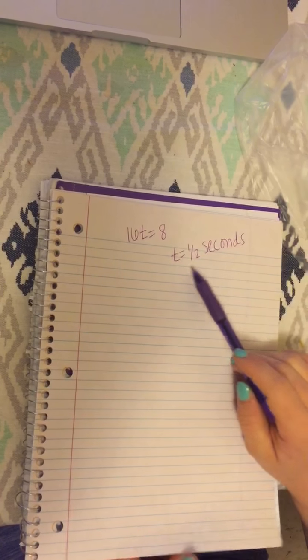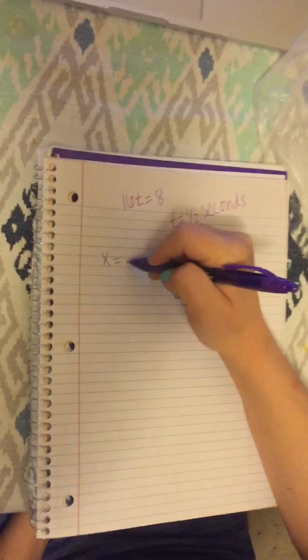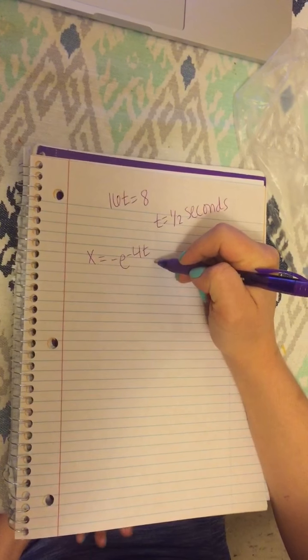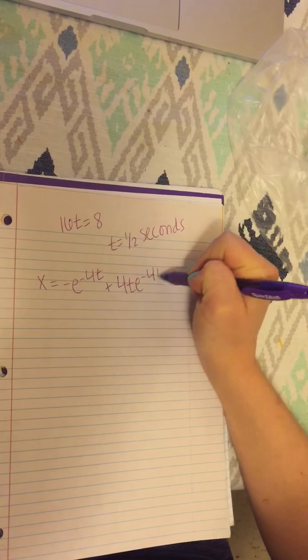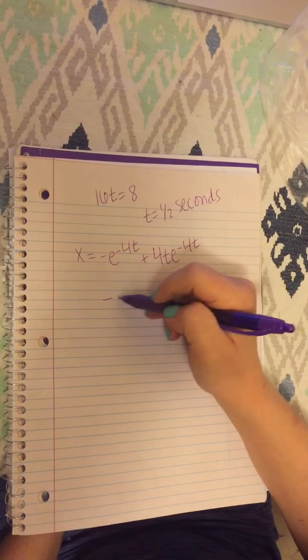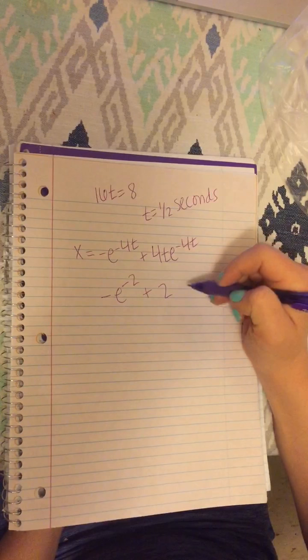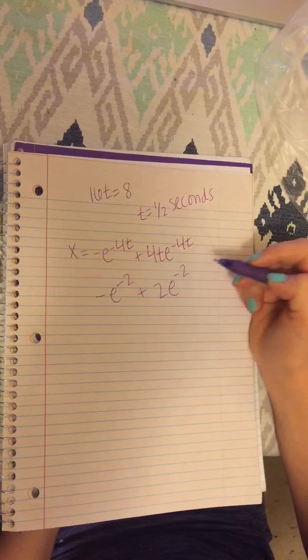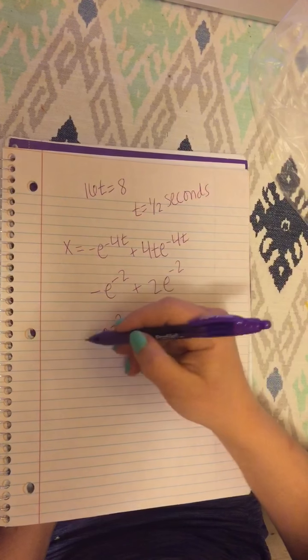At this point, we're just going to plug this t value into the x function, which I believe was x equals... so that's going to be... pull this out and we get 2 minus 1.